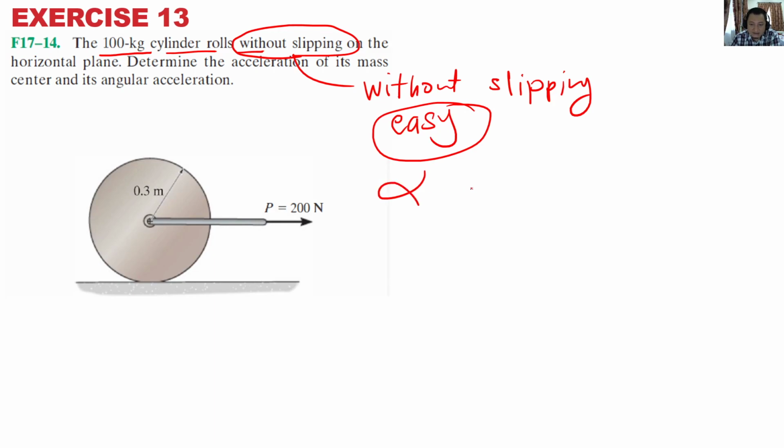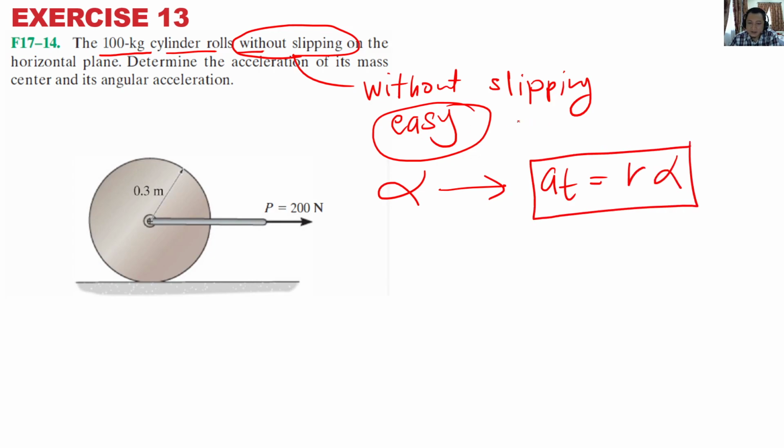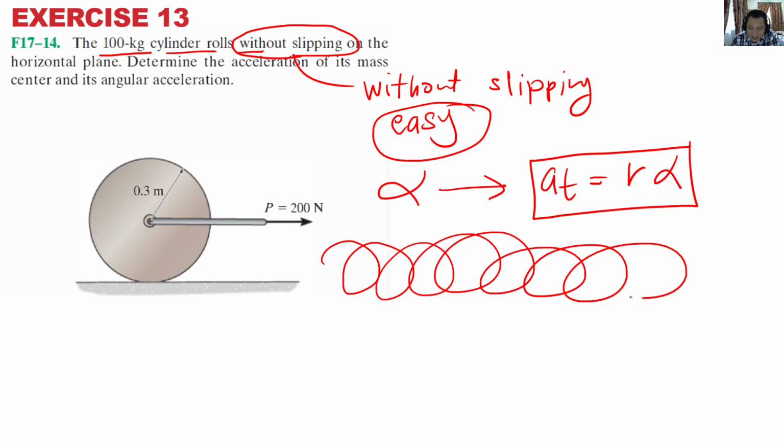Find alpha, and then you can deduce from a tangential equals R alpha, because there is no slipping. Whatever it rolls will translate to forward linear motion. So something like this is easy to calculate.